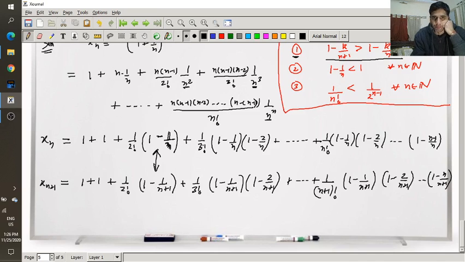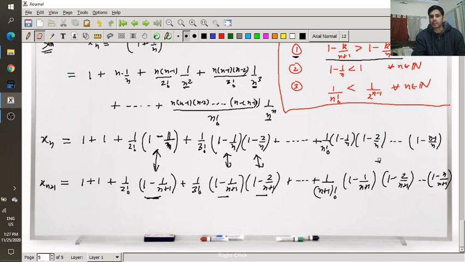Here k is 1 for the first term, and for the second term k is 2. Now clearly, out of these two, this term is greater. Again, if you compare these two terms, this term is greater, and again this term is greater, and so on. You can compare here also.